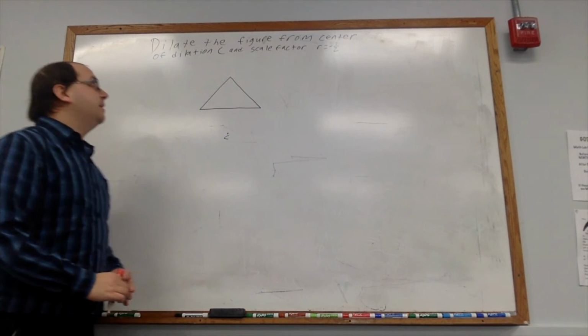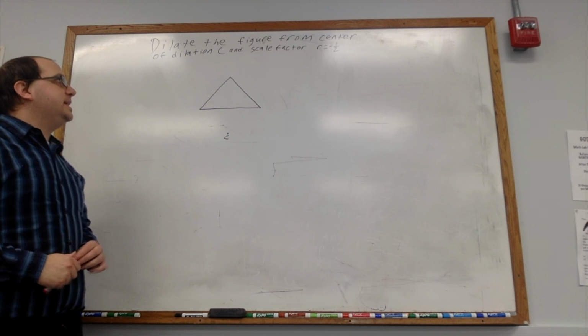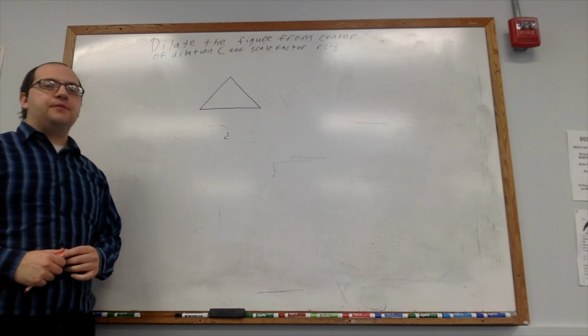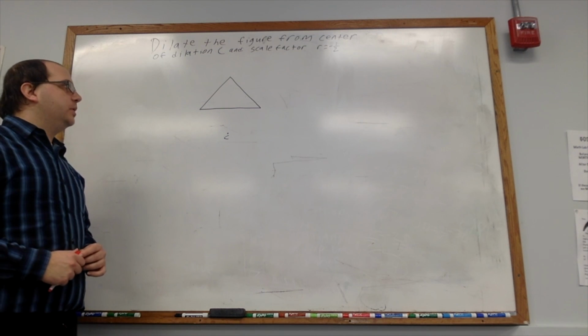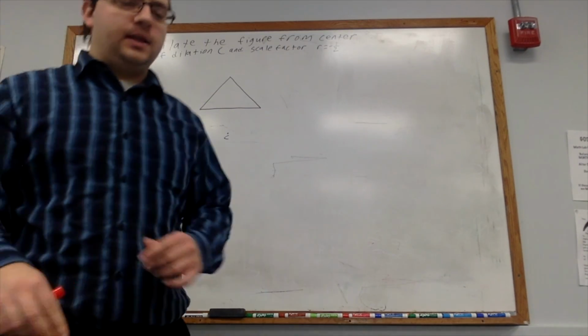All right, here's the final example. Dilate the figure from center of dilation C and scale factor R equals -1/2. So what we're going to do in this problem is first the same thing. We draw our lines.